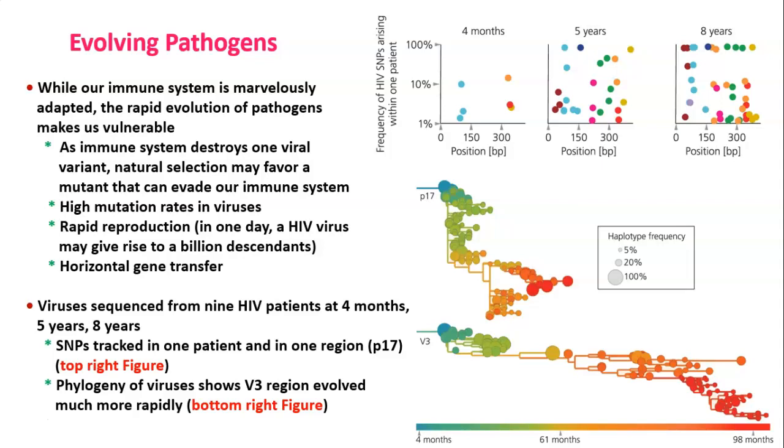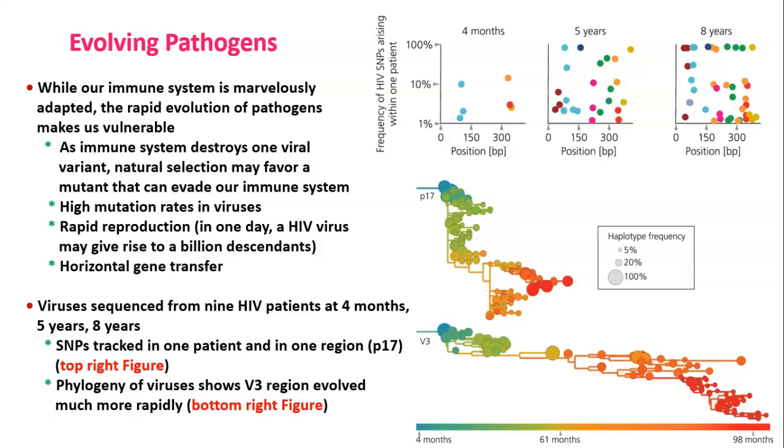The rapid evolution of pathogens, bacteria, viruses, makes us particularly vulnerable. For example, as our immune system works to destroy one viral variant, natural selection may then favor a mutant variant that can evade our immune system and get around it.